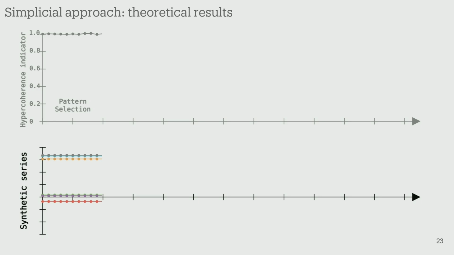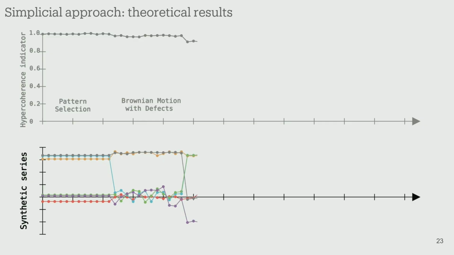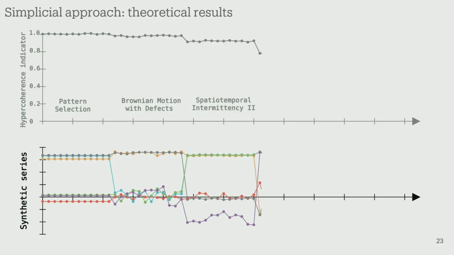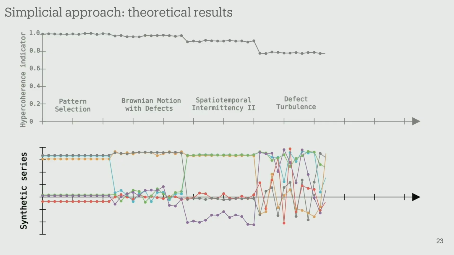So on the bottom you have a synthetic time series, on the top one of our indicators, and as you go from left to right, so from order to disorder, you start seeing that this indicator on top is changing over time, trying to mirror the differences in the dynamics of this synthetic time series.